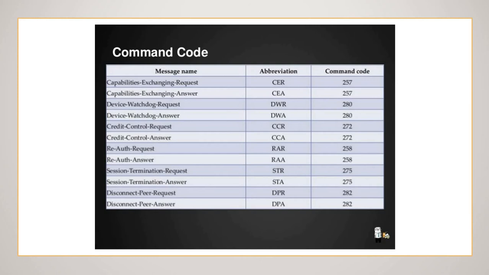If you have noticed, you might be thinking, what is the difference between disconnect peer request and session termination request? This is the same thing I was explaining before, that there is a difference between a connection and a session. If I am breaking a connection, then the disconnect peer request will be exchanged.